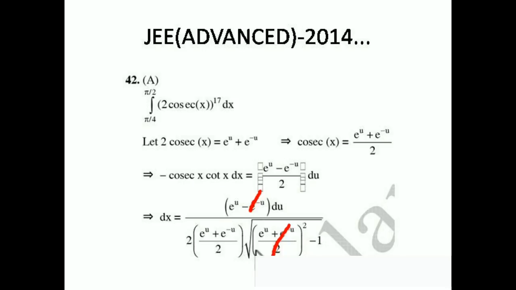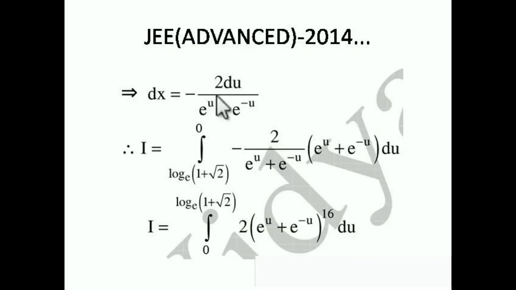This 2 goes here, so e raised to u plus e raised to minus u by 2. Here this 2 is also there, and this 2 and this 2 get cancelled out. If we take LCM 2 here, this 2 goes here. So we are left with 2 square root of 2 square, that means square root of 4, that is 2, and this 2 and this 2 get cancelled out. So we are left with only this term, that is 2 du upon e raised to u plus e raised to minus u.